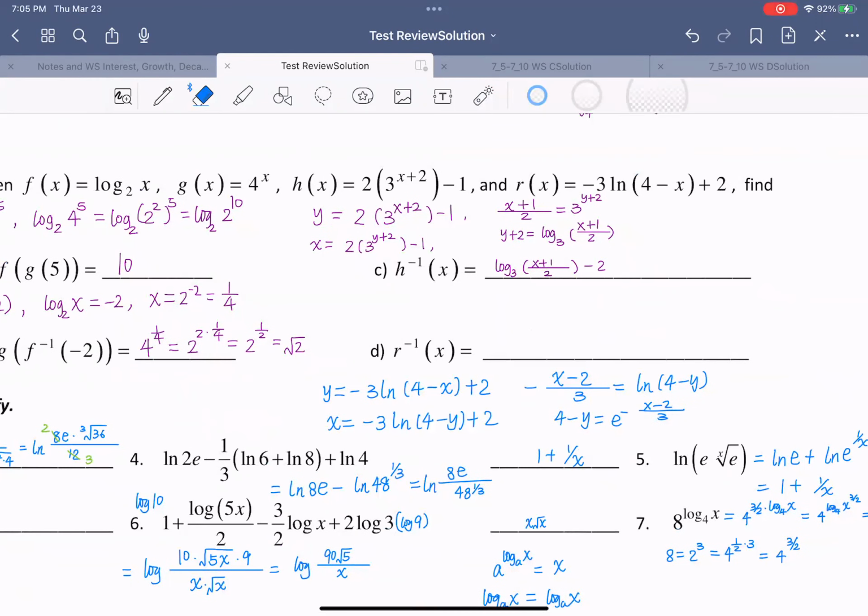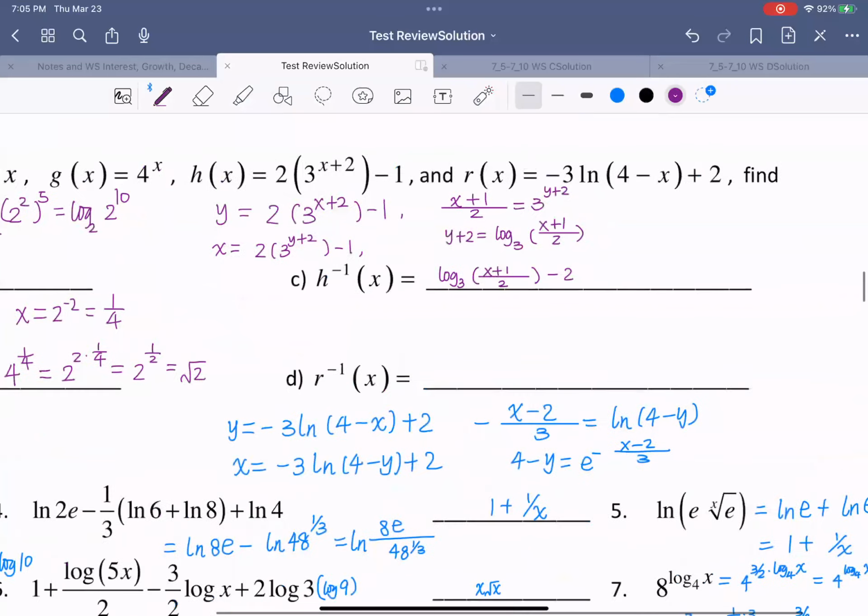Next one, inverse function for this. Vienna, let's do this one. This is r(x), and you want to solve this guy's inverse. Go ahead, let's solve it. Tell me how you do the inverse. Vienna, go ahead.